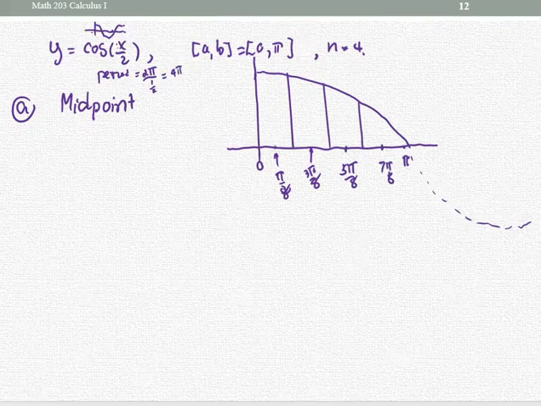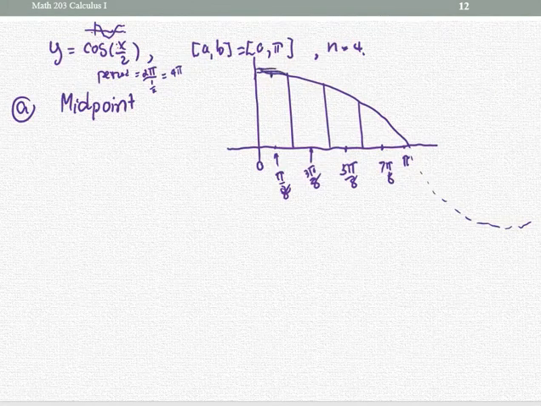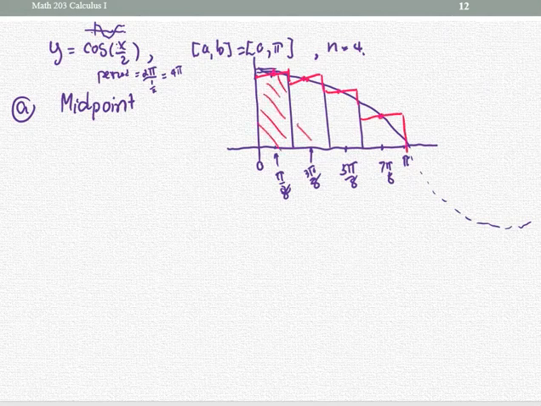We use the midpoint to calculate the height of the rectangle. So the shaded area would be the area that we get from using the midpoint approximation.